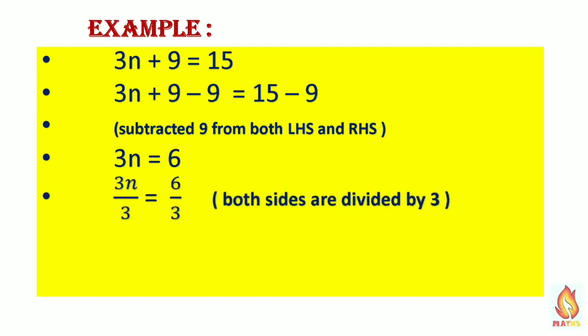Now 3n by 3 is equal to 6 by 3. I have already explained that whenever we do any operation, it must be done on both sides. So both sides are divided by 3, and now we get n = 2, since 6 divided by 3 is 2. So 2 is the solution of this equation.